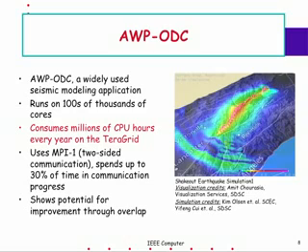And this application especially uses MPI-1, which is two-sided communication, and it spends up to like 30% of the time in communication progress. And since it spends almost 30% of the time, we initially started with our collaborators who have written these applications to indicate that it shows potential for improvement through overlap.